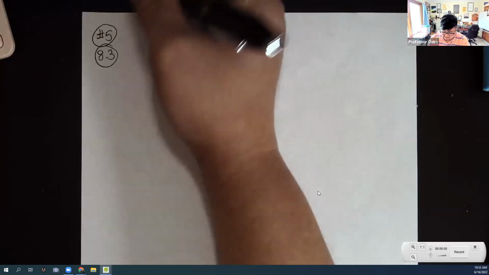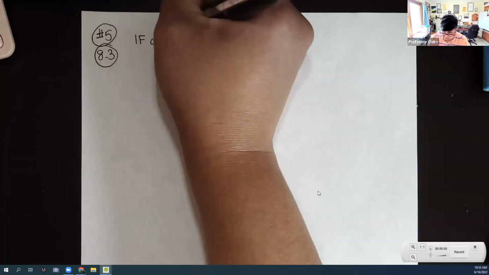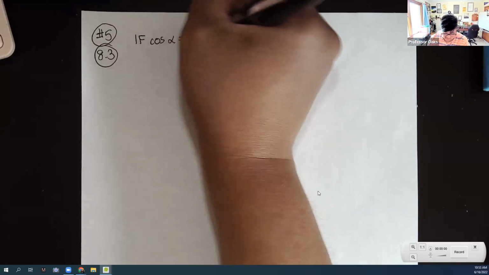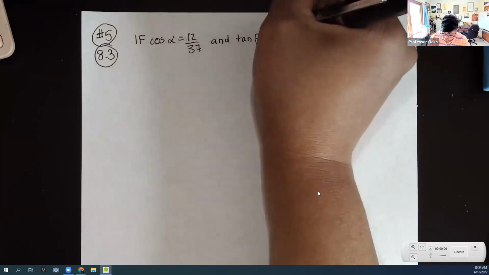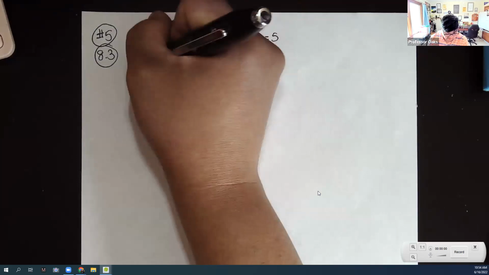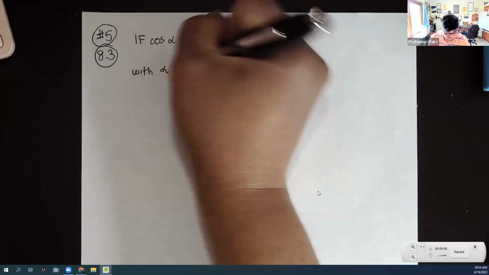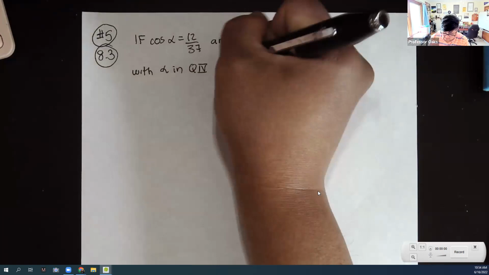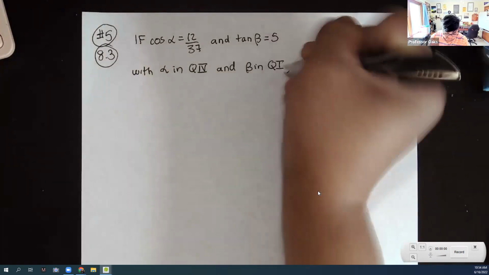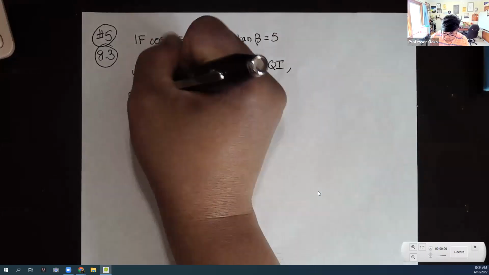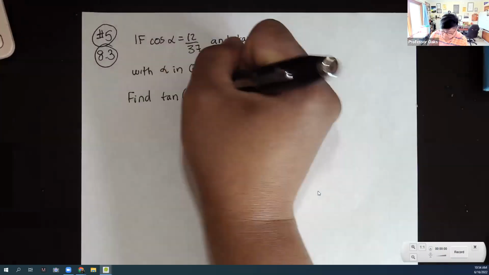If cosine of alpha is 12 over 37 and the tangent of beta is 5, with alpha in quadrant 4 and beta in quadrant 1, then find the tangent of alpha plus beta.